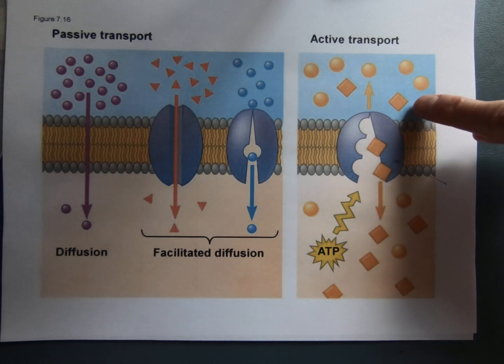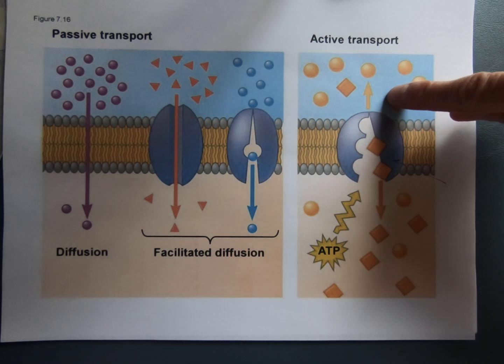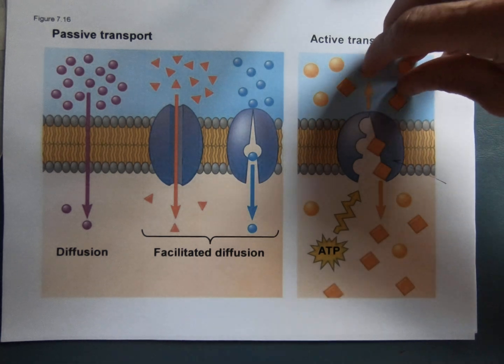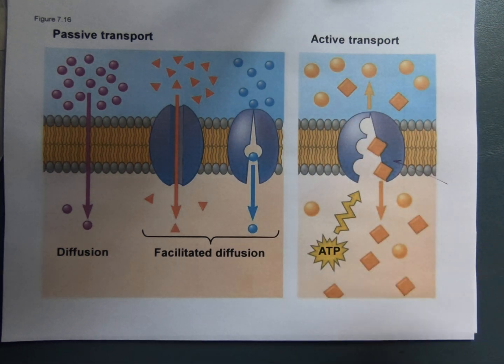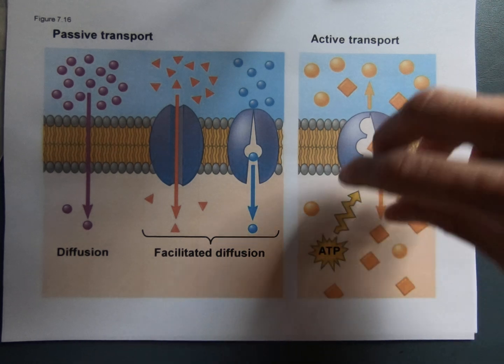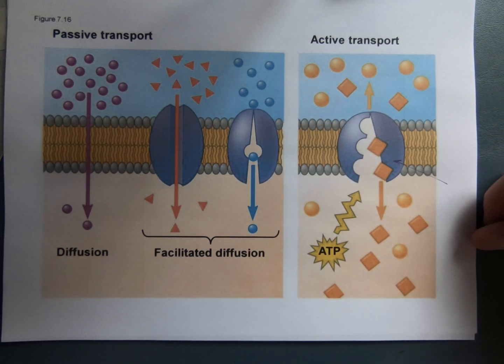So we've got these diamonds that are being pumped across the membrane, and we've got these circles that are in high concentration up here, and they're being pumped. I'm sorry, I said that the wrong way. In this case, the circles are being pumped across the membrane as well. That seems odd. Wow, that's a weird diagram.